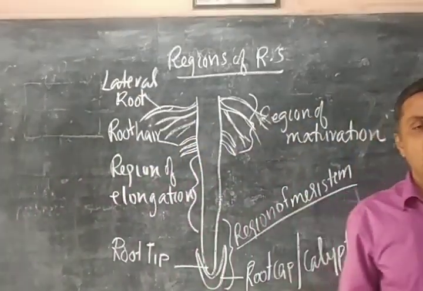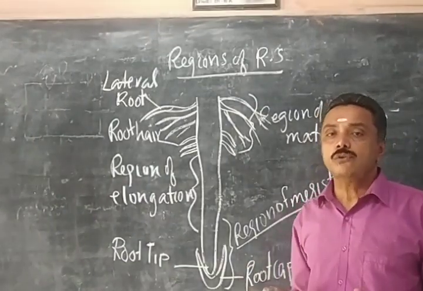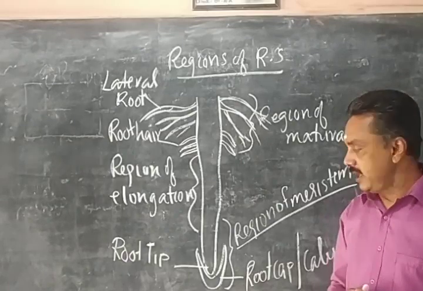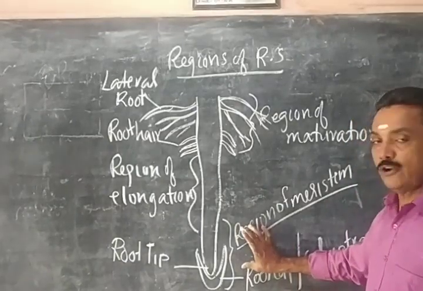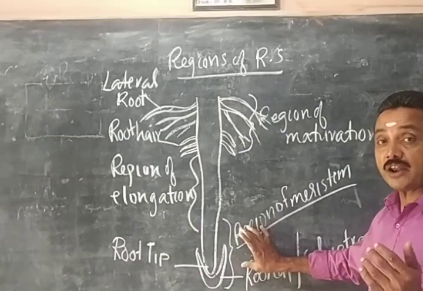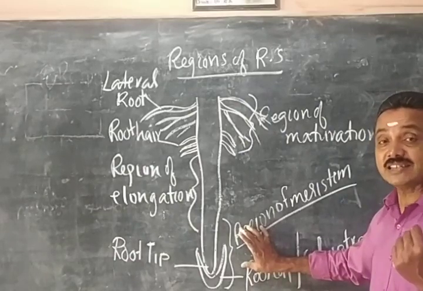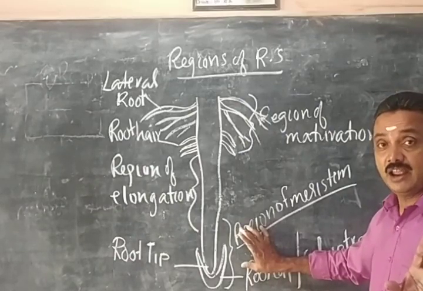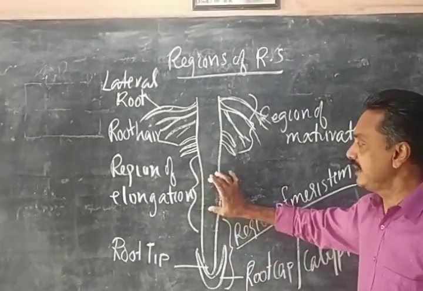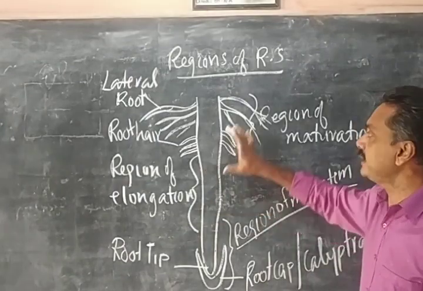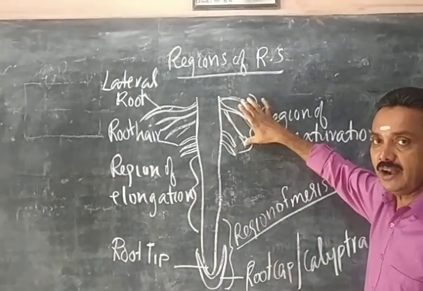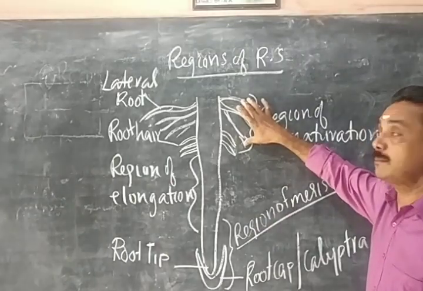So a typical root consists of three regions. The first is the region of meristematic activity, where the roots are growing very fast and cells are dividing very fast. Behind that there is the region of elongation, where the length increases very fast. Then there is the region of maturation, where roots are maturing and branches originate.